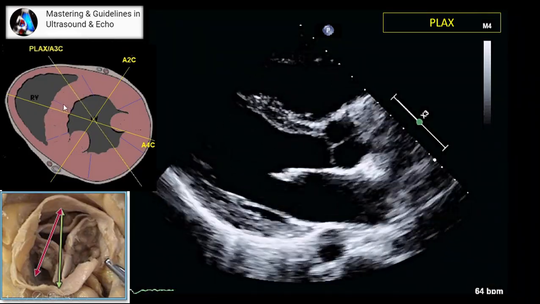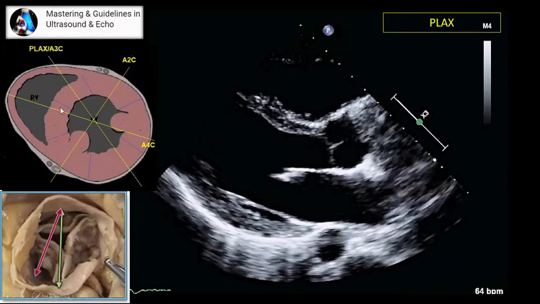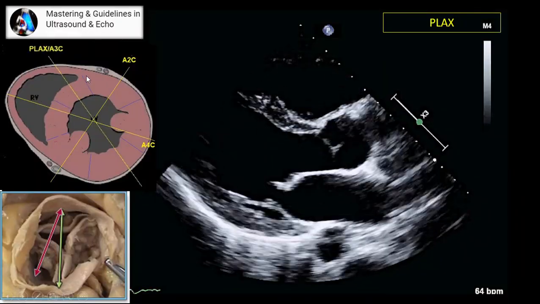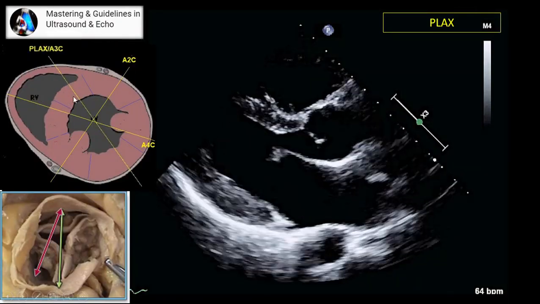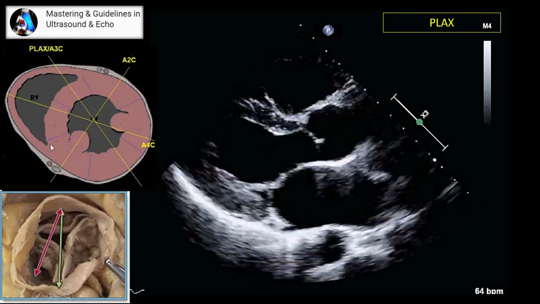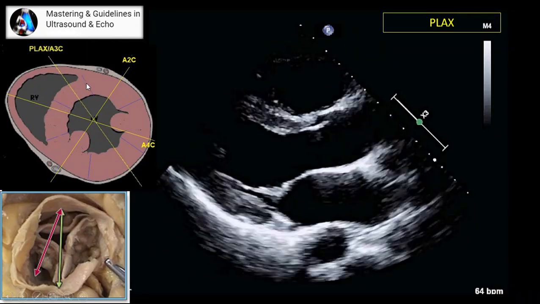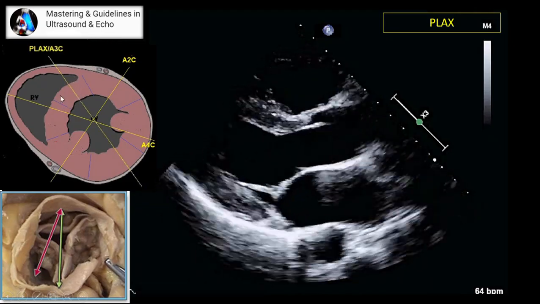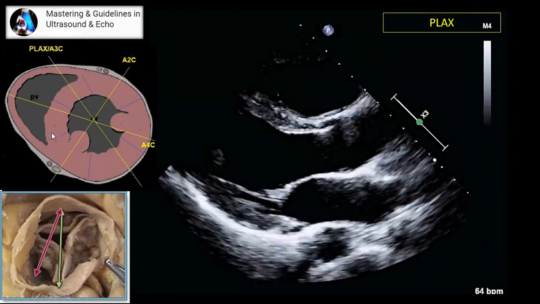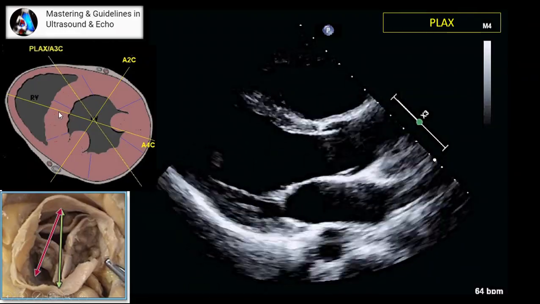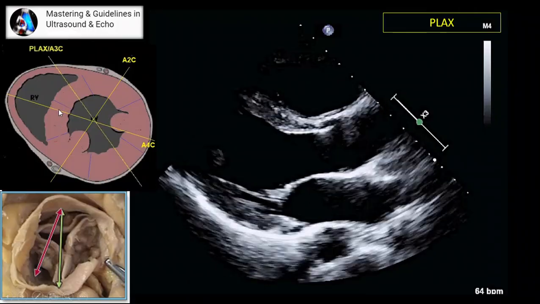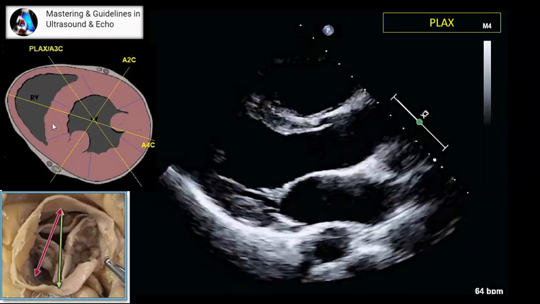This wall is divided into almost two parts, an anterior part and a posterior part. The anterior part we call the anteroseptal wall, and the posterior part we call the posteroseptal wall. As you know, the blood supply for each of these segments is completely different.